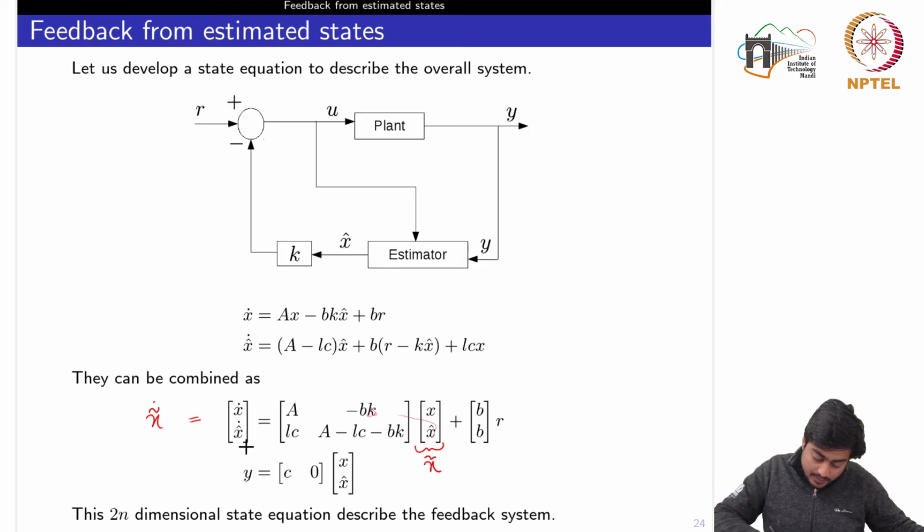If you see the dimension of this overall new state space system, it would be 2n. The n state variables are coming from the plant, and similarly the n state variables are of the estimator. So this system describes the overall feedback system where we have both the controller and the estimator.